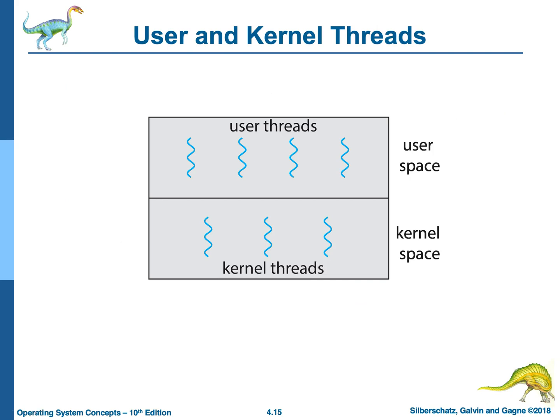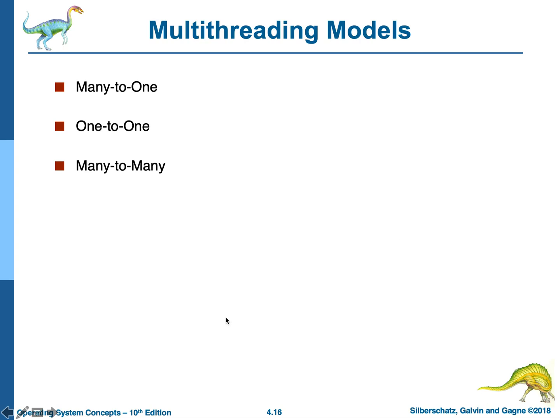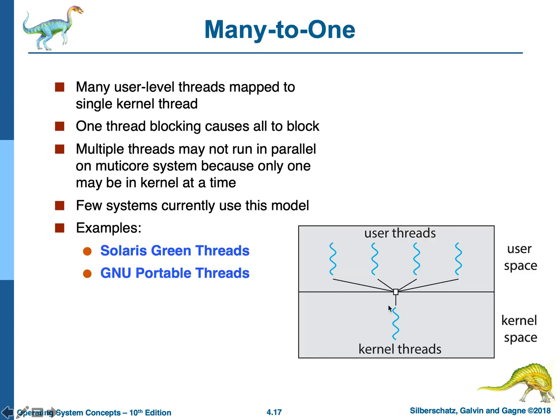Now, as I already told you, we have user level threads in the user space and kernel level threads. Now there are different types of threading models: many to many, many to one, and one to one. So this is many to one, where we have multiple threads created from the user level, while we have only one kernel level thread dealing with that application.